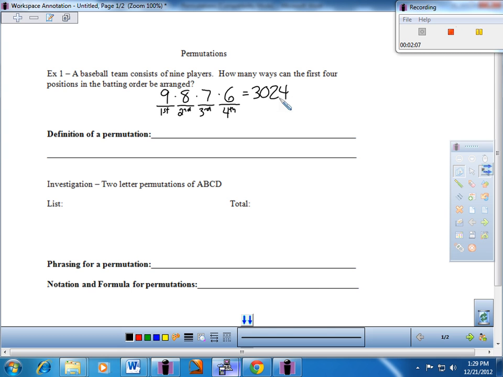On your paper, it says definition of a permutation. You'll hear these 2 buzzwords come up a lot with permutations: how many orders or how many arrangements? In fact, in example 1, it did talk about arranged. So that is definitely a giveaway that we can use a permutation here. So it's an ordered arrangement of distinct objects.